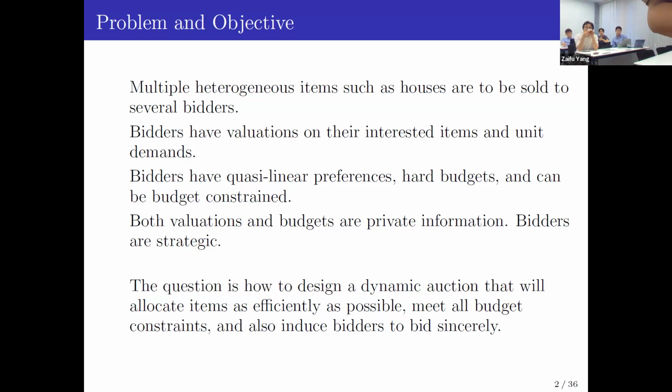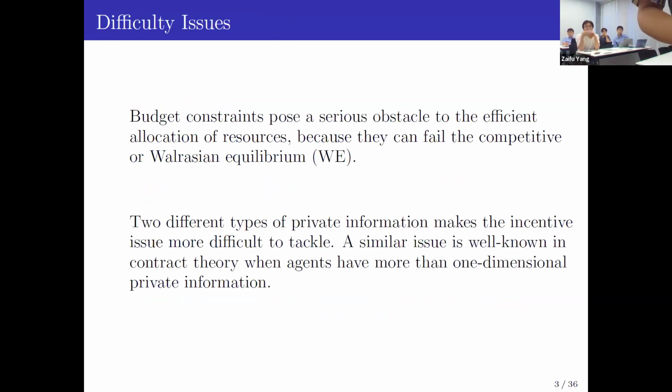Here we have a similar issue, and in some senses an even more challenging one. Because of the budget constraint, the competitive equilibrium might not exist. So this is one difficulty.